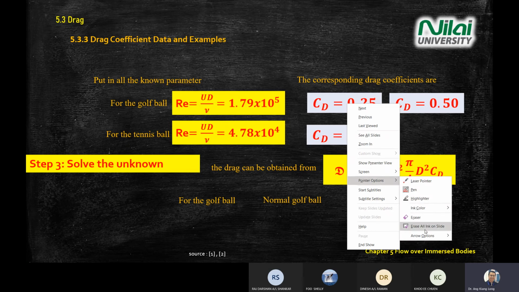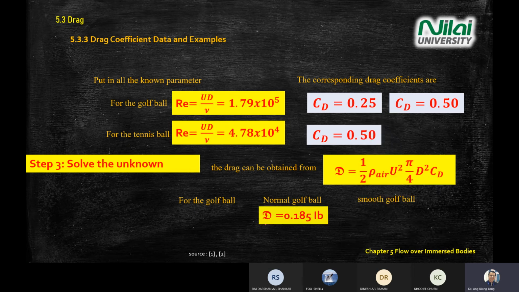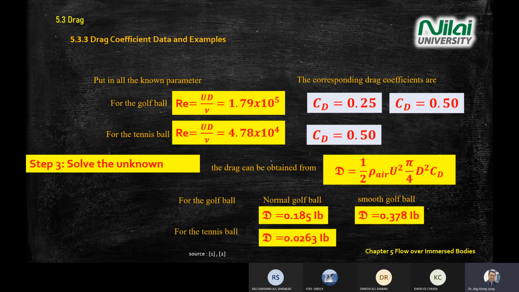So if you substitute the numbers for the normal golf ball, you get this number. Smooth golf ball, you get this number. For the tennis ball, you get this number. Okay, at this moment, ignore the unit, all right? But try to understand the procedure that we use.